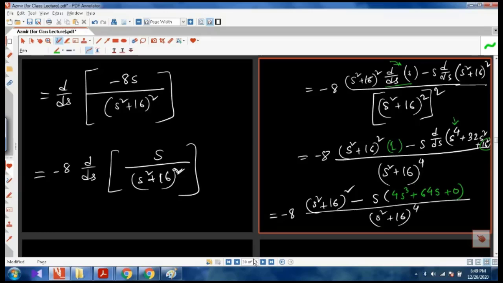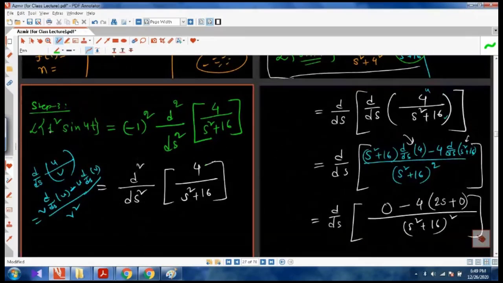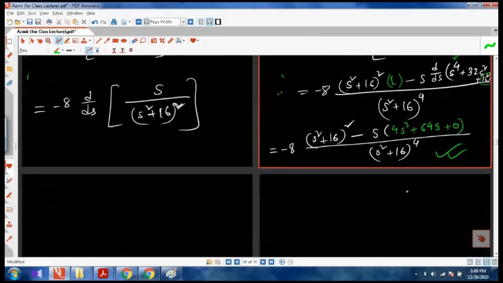So finally, the result is in our hand because on the left side, the Laplace transformation of t squared sine 4t is actually this one. Now you can also simplify this result so that you can have a good equation. So this is the thing.